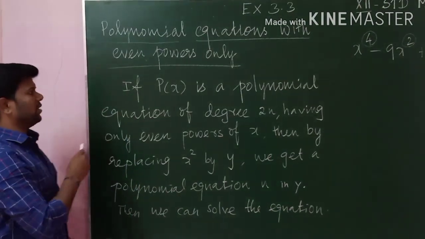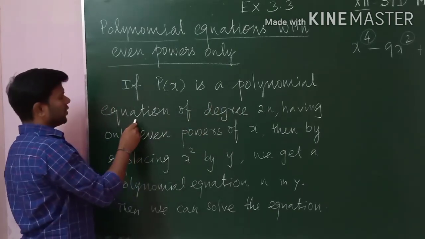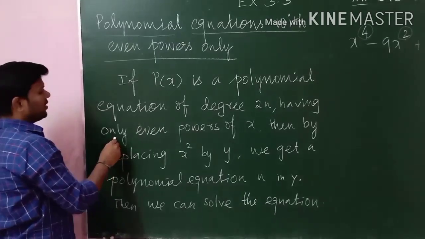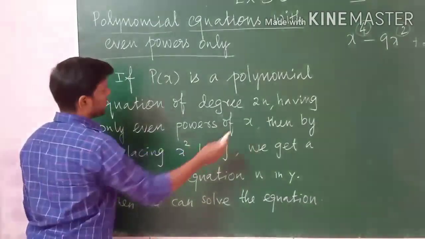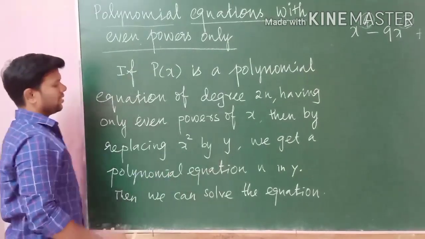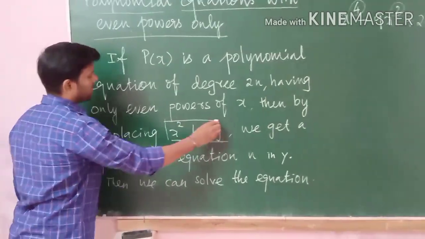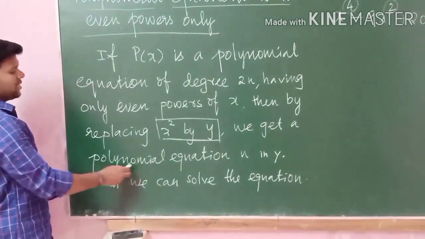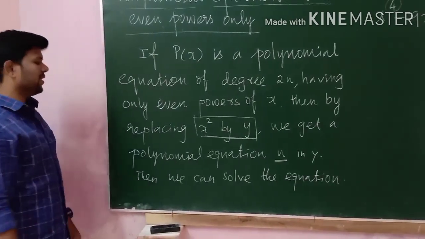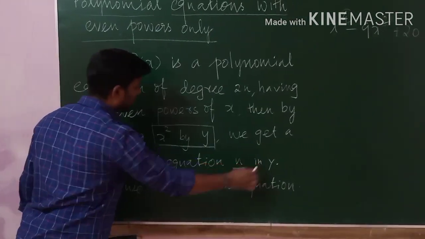That is the property. See that if p of x is a polynomial equation of degree 2n, that is having only even powers of x, then replacing x square by y. What you have to replace? Replacing x square by y, we get a polynomial equation of degree n in the variable y.